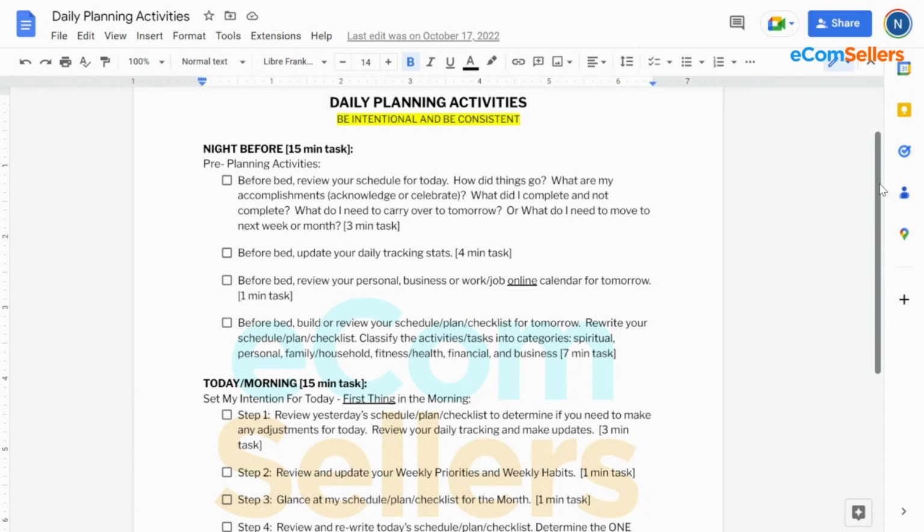Now, for some of us, because we may be organized and we're on top of our schedule, we don't have to build out a detailed schedule. But for others, if you're one of those people who can't figure out what you did today, what you got done, what progress you made on anything today, writing out a detailed schedule may be what you need to do, because you lose control of your day. You can't figure out where you're making progress.